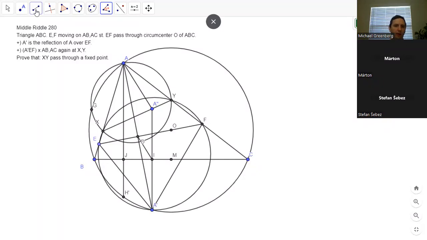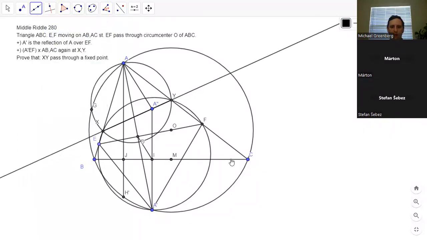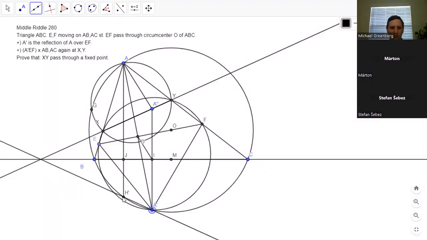And I think that's the same as showing that XY, BC, and AH prime concur. So really, I think maybe this is just, yeah, by the radical axis theorem.